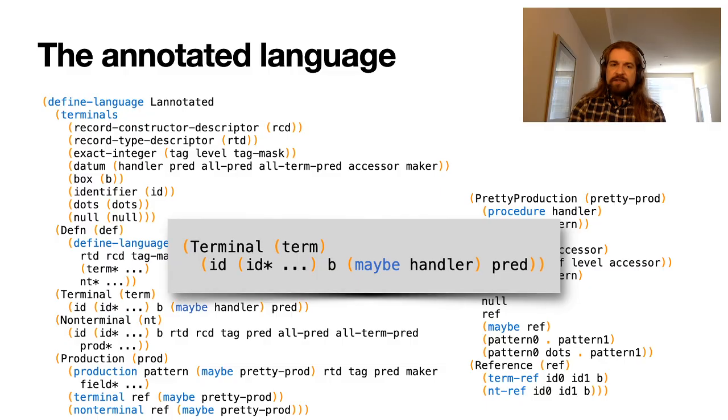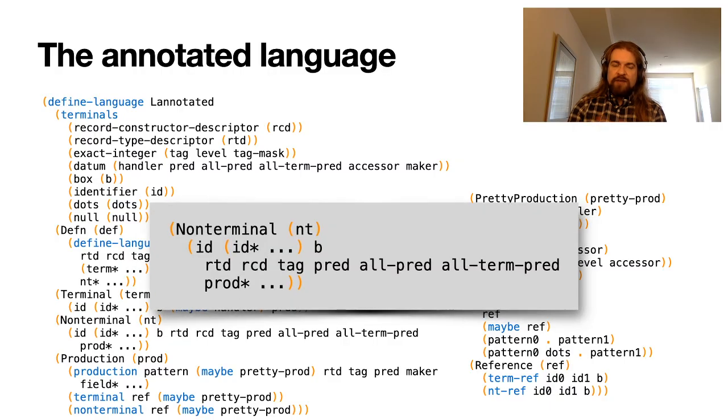Each terminal has a sort of simplified syntax here where we have the name as the ID, the list of meta variables, the box, and then optionally a handler if one was provided by the user, and the generated predicate. Non-terminals, similarly, we have the name, the list of meta variables, the box, and then all the record information about it, as well as the predicate information. We don't need constructors here because we never construct these directly. And then we have our list of productions.